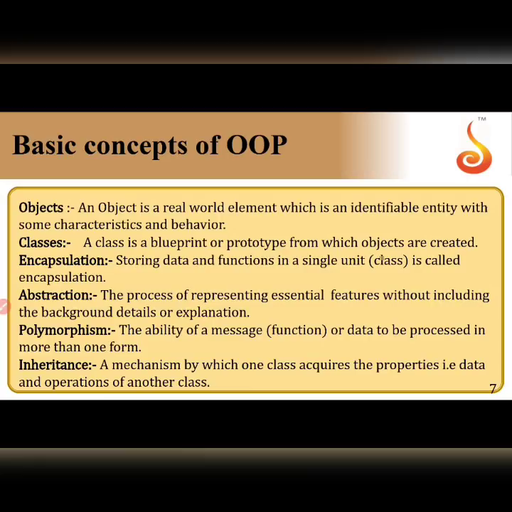To create an object, you need a class. And you cannot access the elements of a class directly; you need to have an object. You access a class with the help of an object, and objects are created from a class. So we will see what an object is and what a class is.